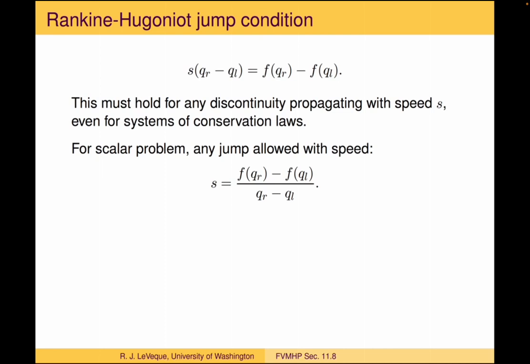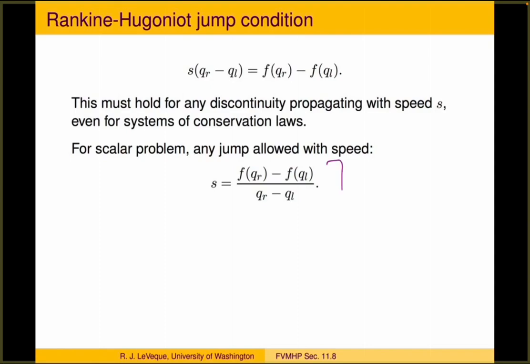So you could take any two states, QL and QR, evaluate what f of QL and f of QR are, and you could have a solution that has a discontinuity with that jump propagating at the speed s given by the Rankine-Hugoniot condition, which for a scalar equation you can compute like this for any q left and q right.